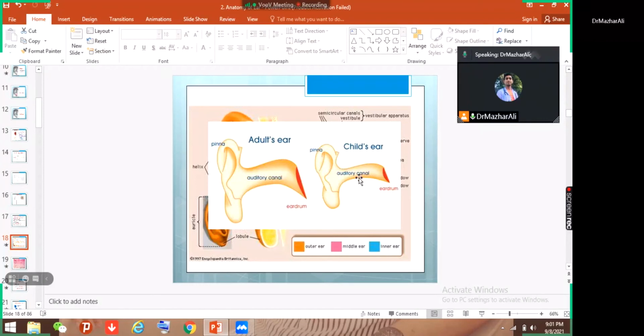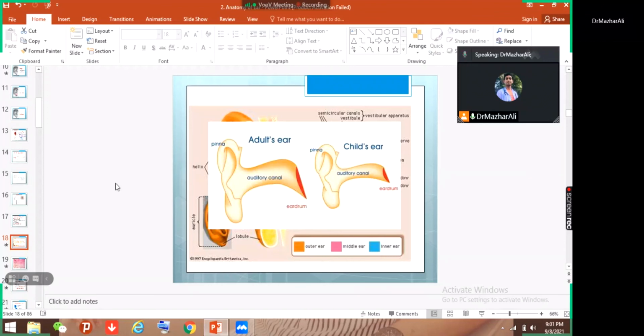This is how the pinna of the child ear and adult ear is represented. In children it is stretched more horizontally, but in adults it is stretched more vertically. So there are some differences in location. The structure is the same, but the shape is a little bit different.